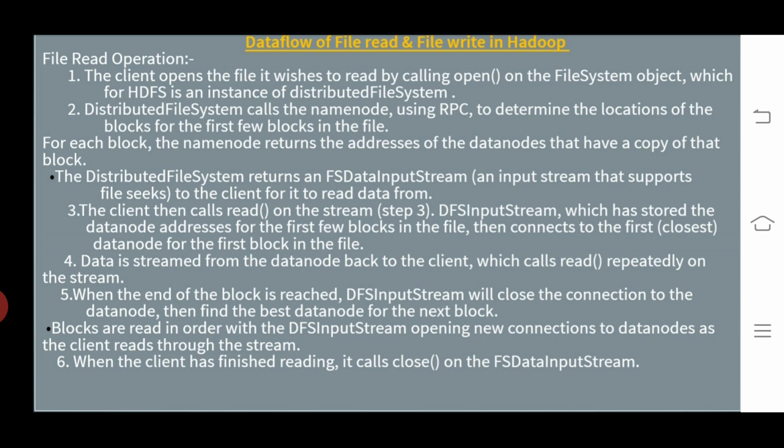Coming to the fifth point, when the end of the block is reached, the distributed file system input stream will close the connection to the data node, and then find the best data node for the next block.